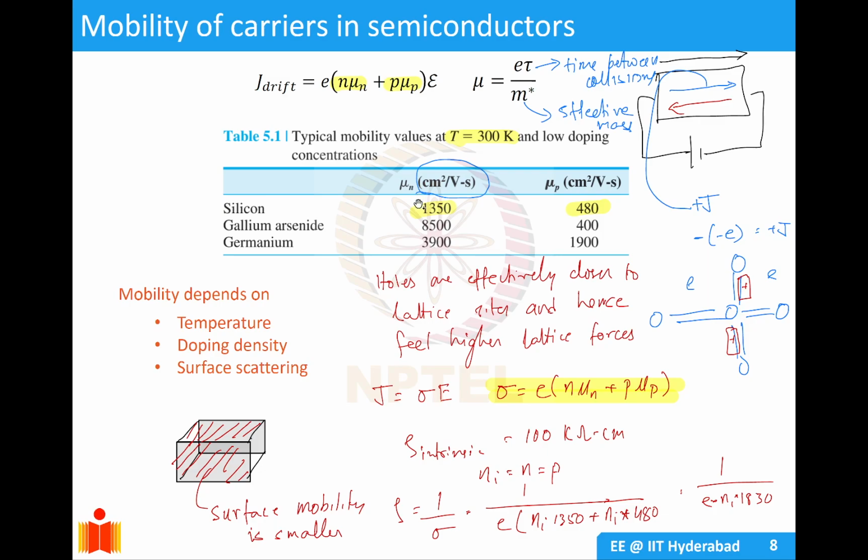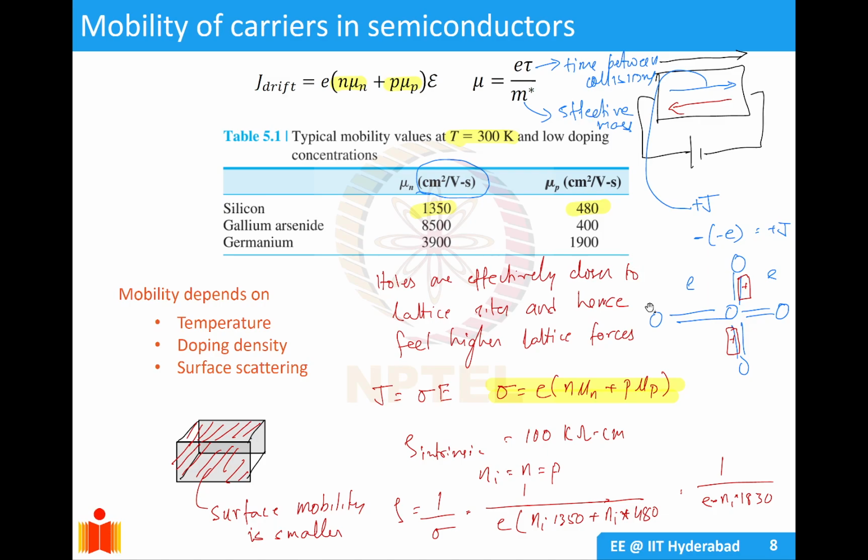So for silicon, the values for mobilities are 1350 for electron mobility and 480 for hole mobility. Since holes are closer to the lattice than electrons, because holes are basically the electron vacancies on the atoms, they feel higher lattice forces, which reduces their drift collision time.